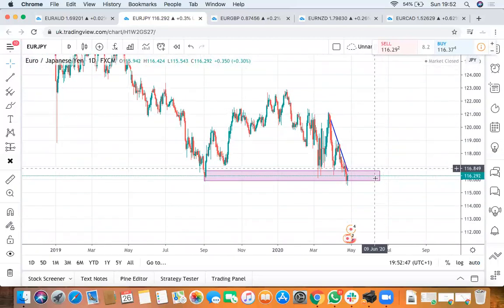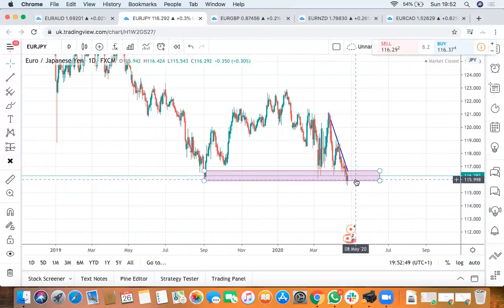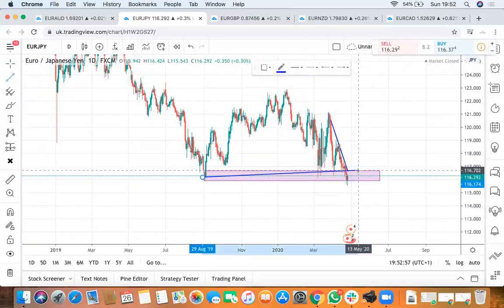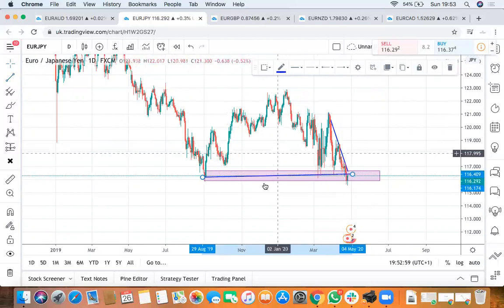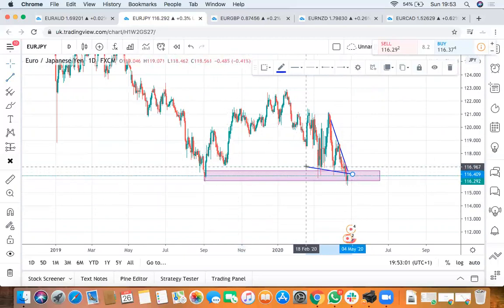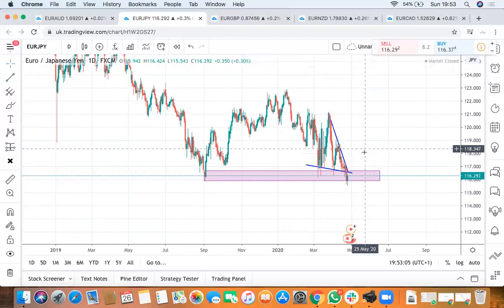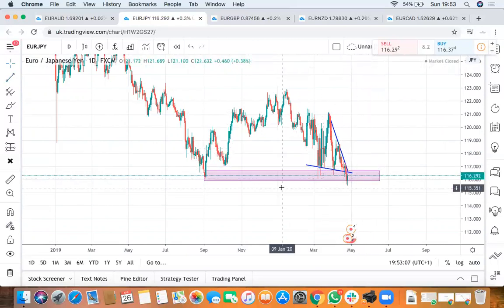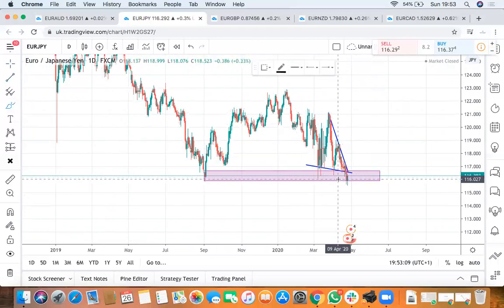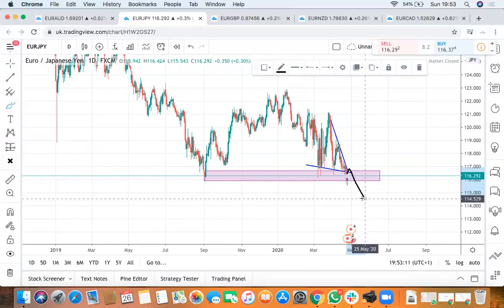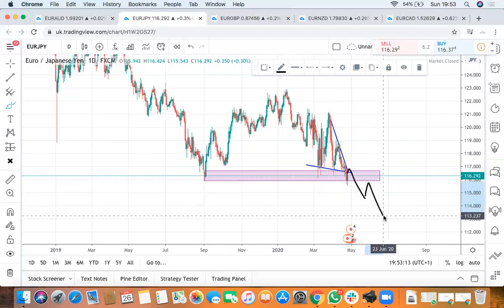And now we can see that the last daily candle closed bullish, so we could return and go lower to continue lower. Something like that, where we could continue to see more down, and then we could even retest to go lower again.